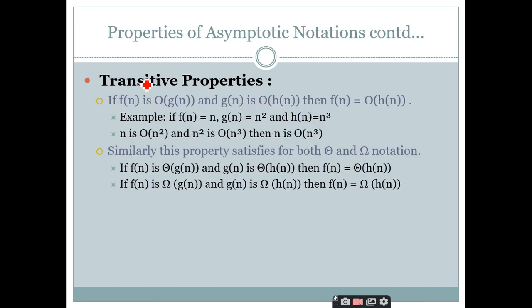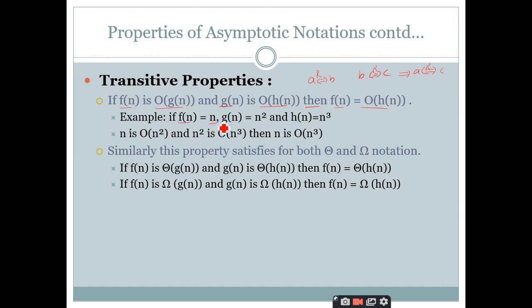Right. Similarly, there exists a transitive property. If f of n is big O of g of n and g of n is big O of h of n, then f of n is equal to big O of h of n. Very simple. Transitive means if a has a relationship with b and b has a relationship with c, then obviously a is related to c. Let us look at it with an example.